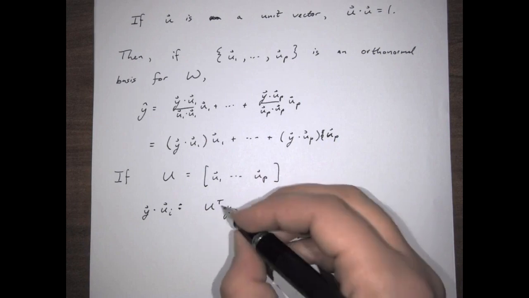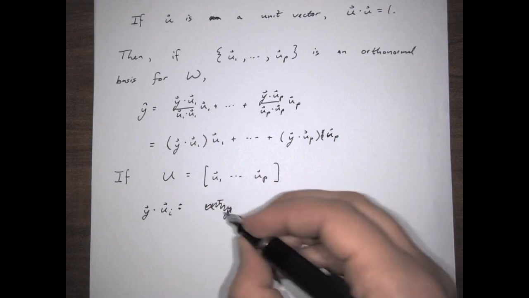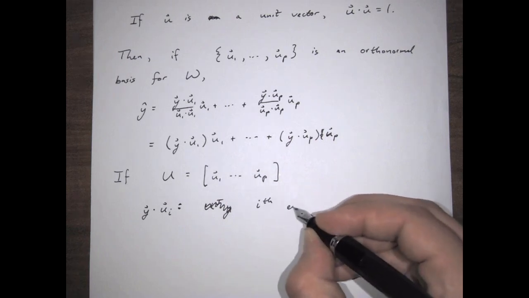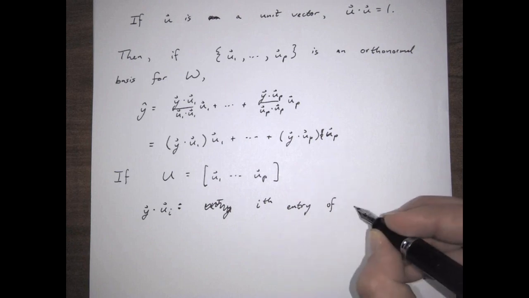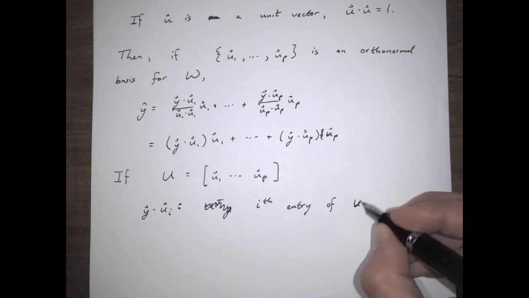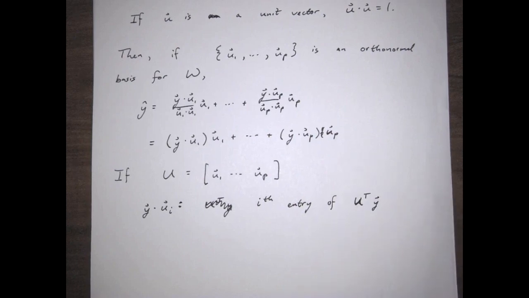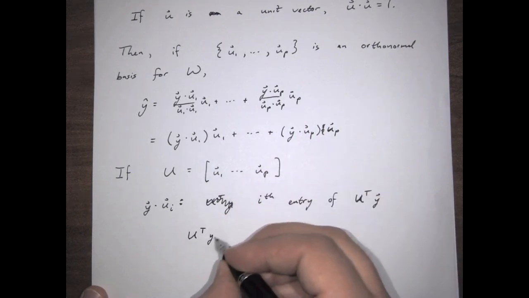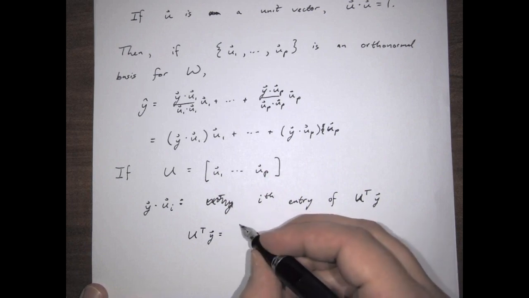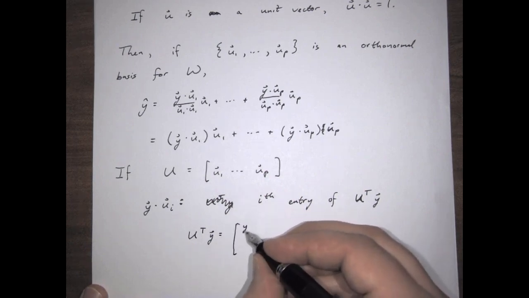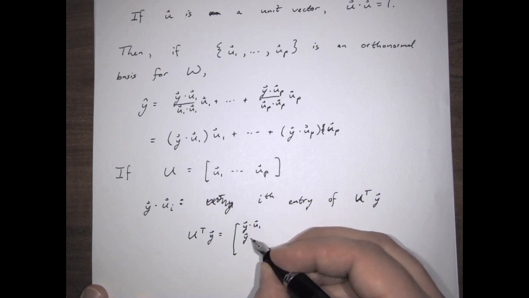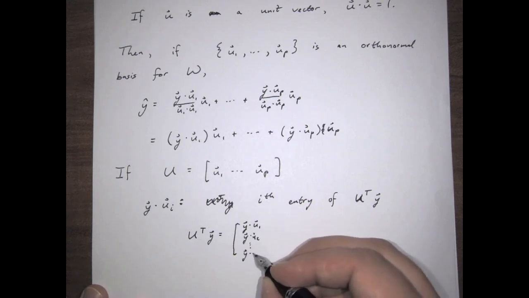Actually, the way I wanted to word this is it's the ith entry. So this is a column vector, and it's the ith entry of U transpose times Y. So in other words, U transpose times Y would equal y dot U1, y dot U2, down to y dot UP.